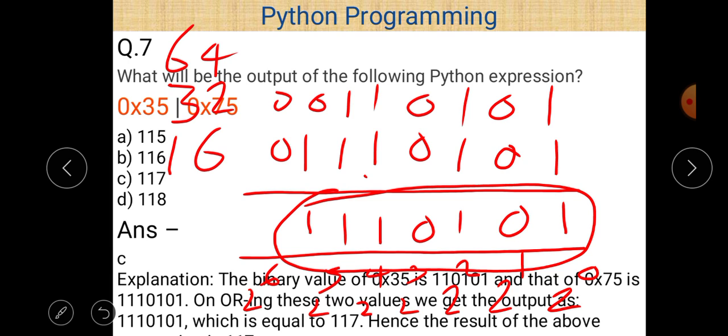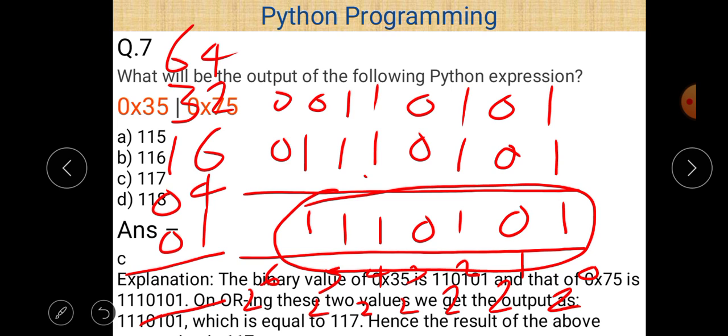Then 2 power 3 is multiplied by 0, so it is 0, and there is no need to add this. Then 2 power 2 multiplied by 1 gives us 4. Then 2 power 0 means 1, multiplied by 1 we get 1. So we get these numbers, and at last we have to add all of them.